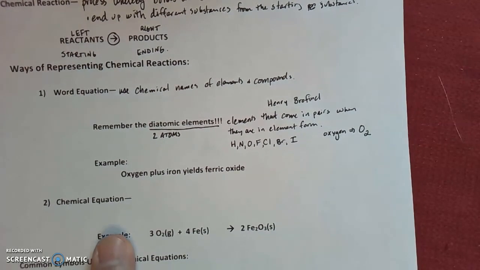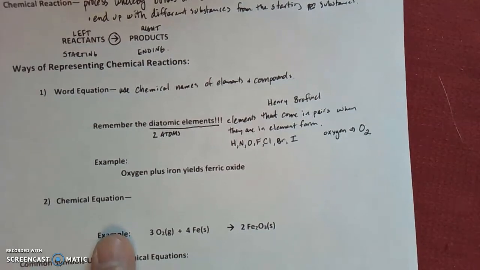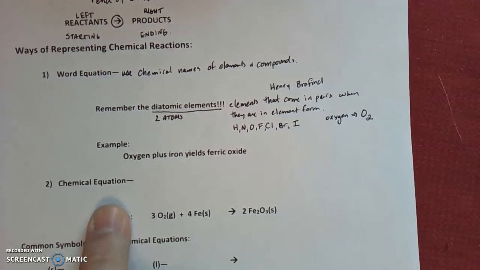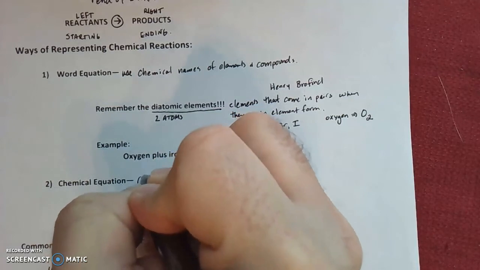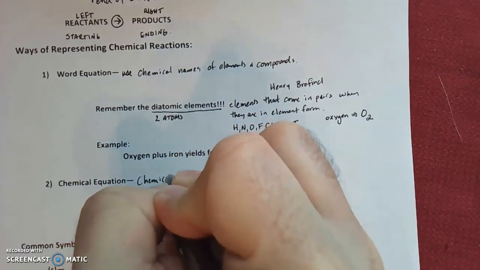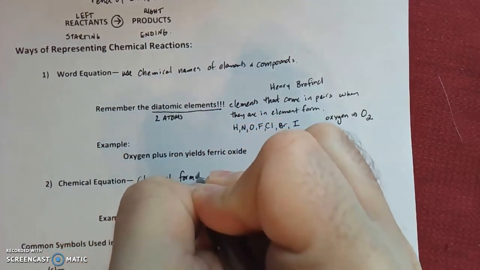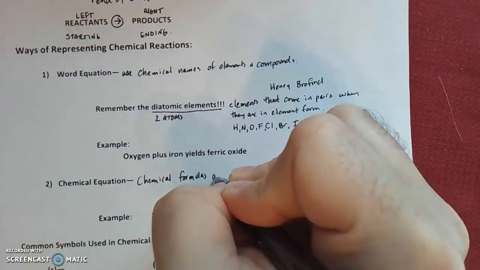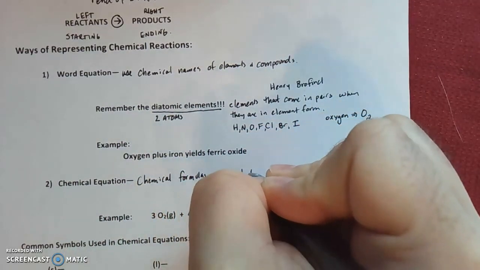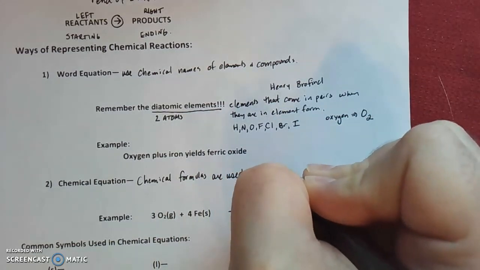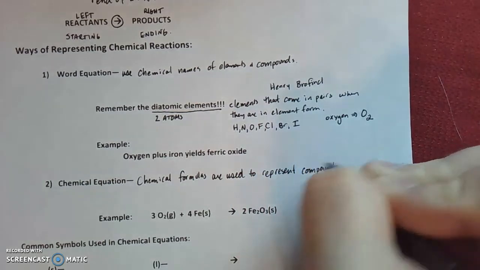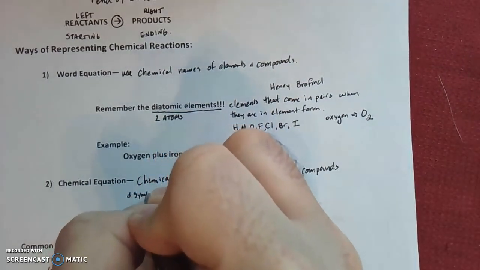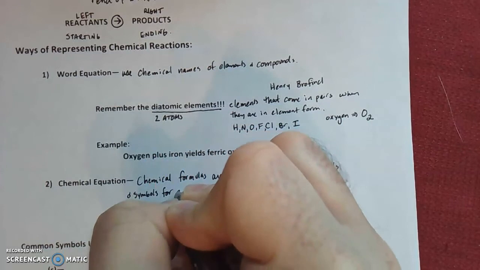The other way that we can represent a chemical reaction is by using a chemical equation. And here, chemical formulas are used to represent compounds and symbols for elements.